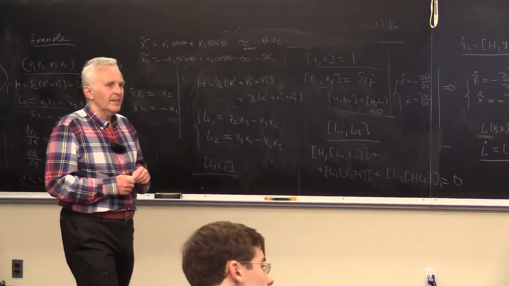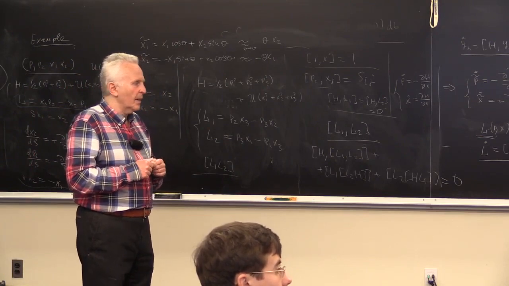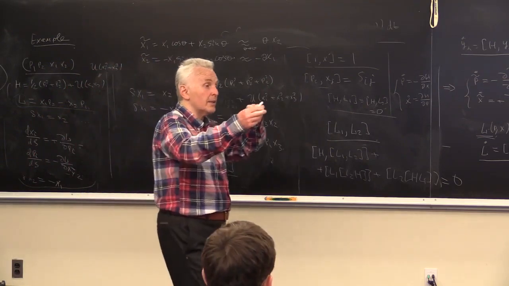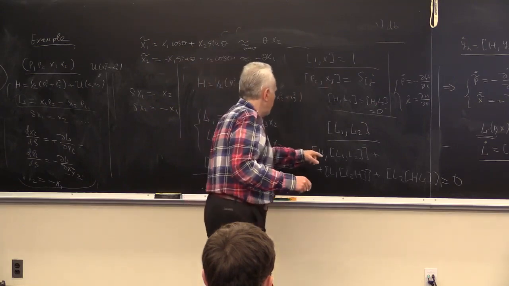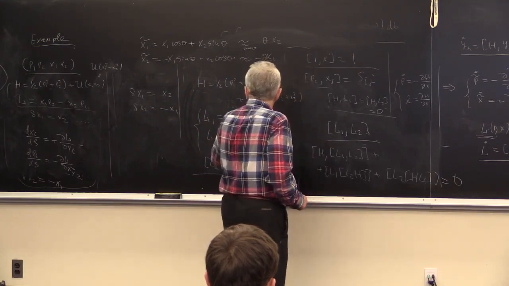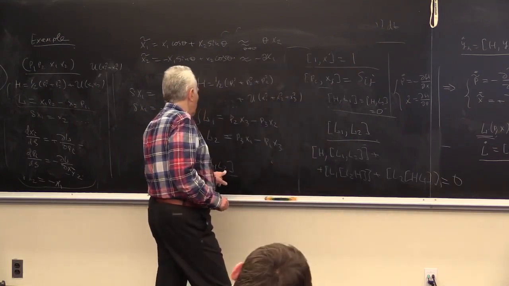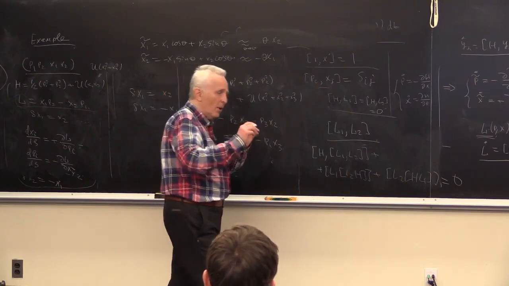Yes? It could mean how L2 changes under a rotation by L1. Yes, but not quite. It's just how they commute. So you perform an infinitesimal rotation L2, then L1, and then in the opposite order. So it is a commutator.